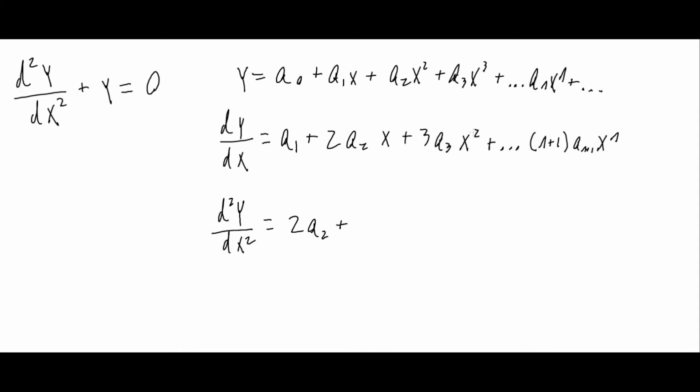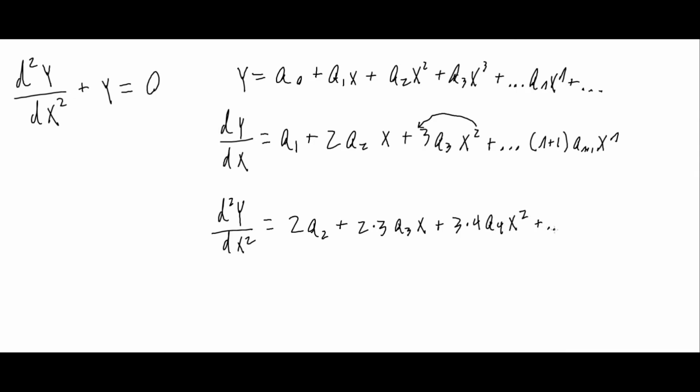Plus, and now we are taking this 2 down to the front, so we have 2 times 3a3x, and then plus 3 times 4a4x squared.